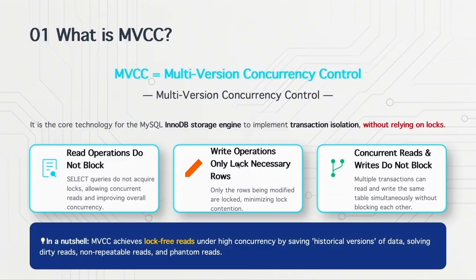Second, write operations only lock the specific rows they need to change. And third, this allows for true concurrent reads and writes without mutual blocking. MVCC achieves lock-free reads under concurrency by saving historical versions of data, solving dirty reads, non-repeatable reads, and phantom reads.